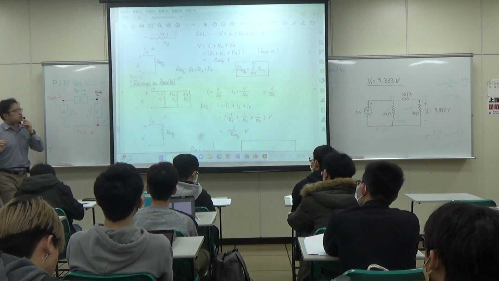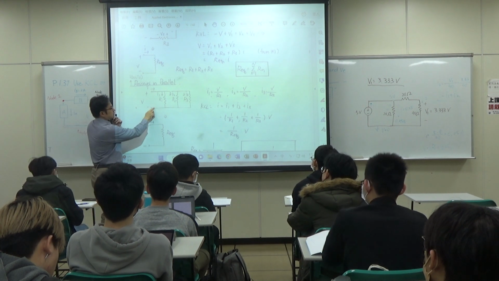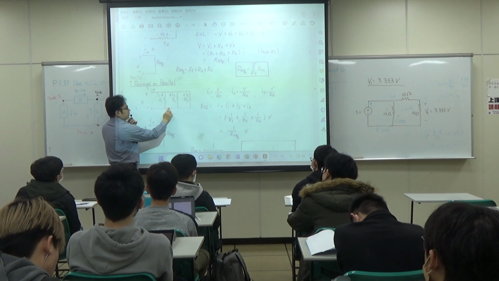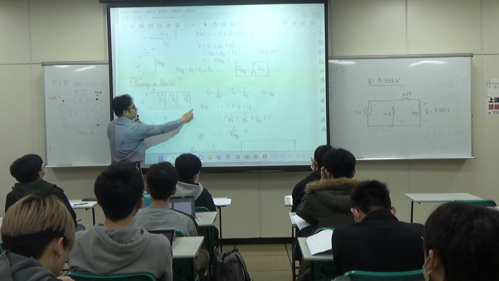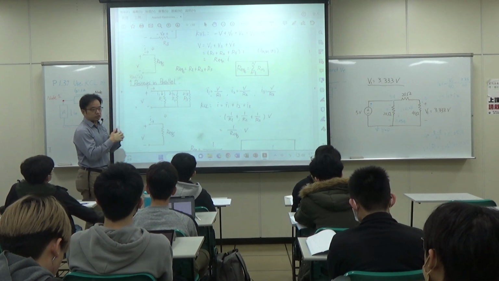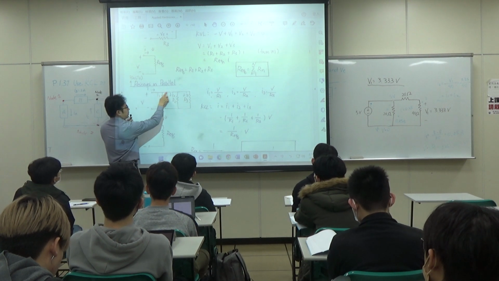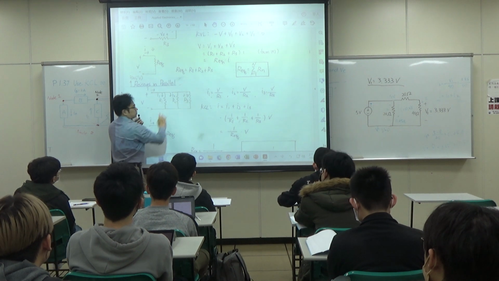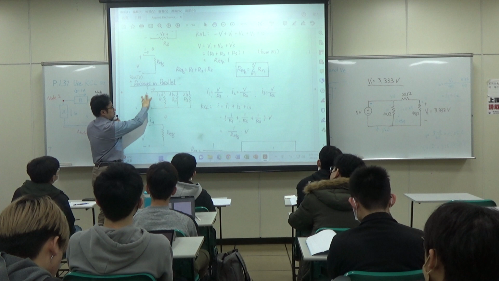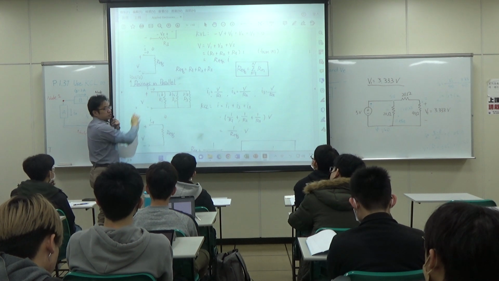One thing to notice, since they are in parallel, they belong to the same node because they are all connected together. And here, they are all connected to the same node. Then we apply a voltage difference between these two terminals.